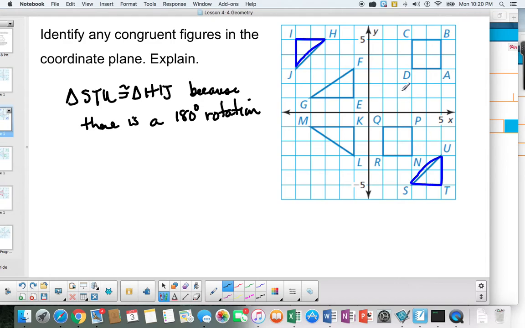And that rotation maps this figure onto this figure. Saying that the figures have the same size and shape is not good enough in the explanation.